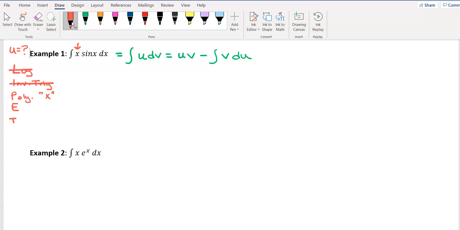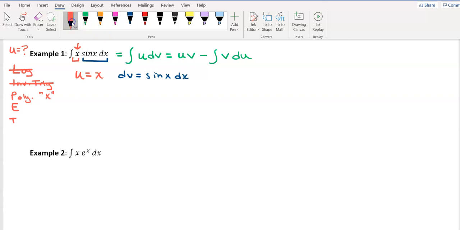We can stop going through LIPIT, and we know that u is going to be defined as x. Knowing that, the rest of this, sine x dx, is going to be our dv. So dv is the sine of x dx.